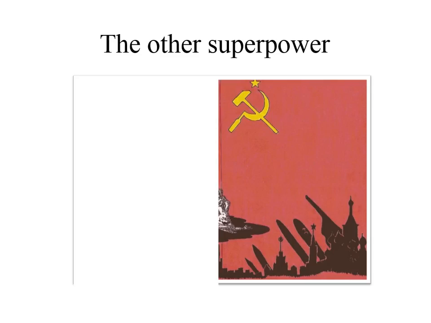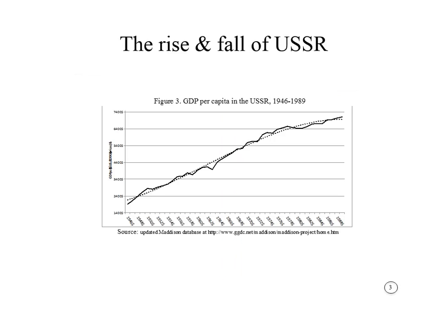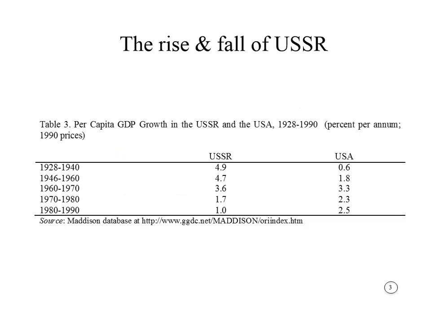A very straightforward story. Advantage of backwardness, catching up. Well, let's look at the USSR. This is the evolution of income per capita in the USSR from after World War II until the breakdown. And this is the breakdown of growth.